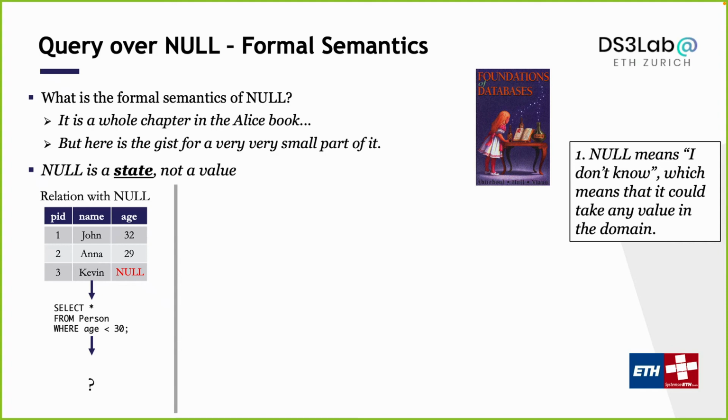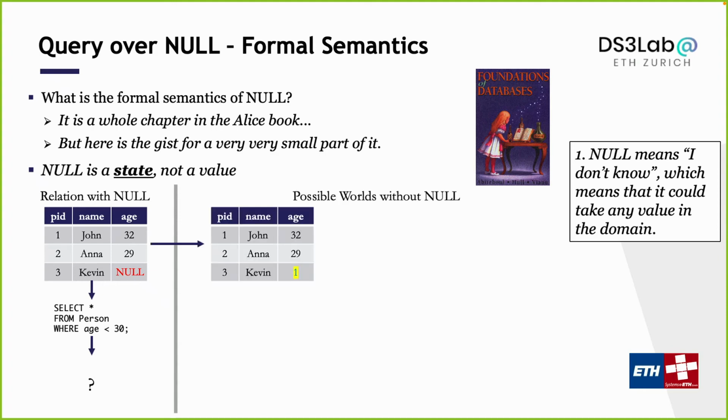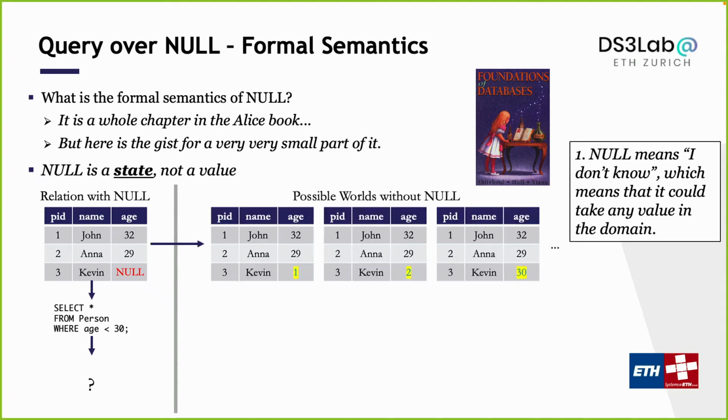I could have a whole bunch of possible worlds that do not have this null. Your table could have age equal to 1, age equal to 2, equal to 30, and so on and so forth. This is how databases think about incomplete information. If you don't know it, I assume everything could be there.